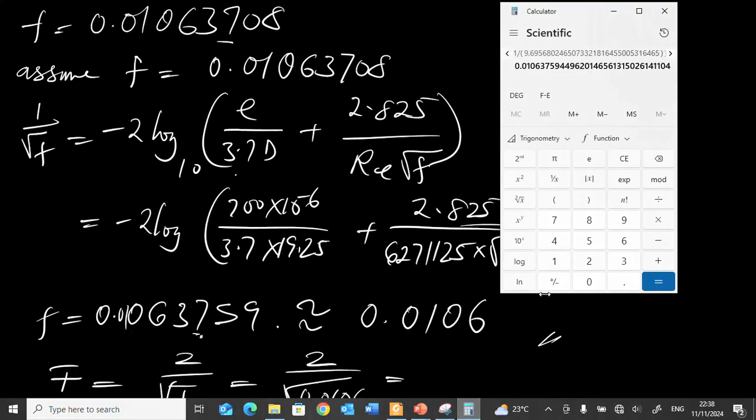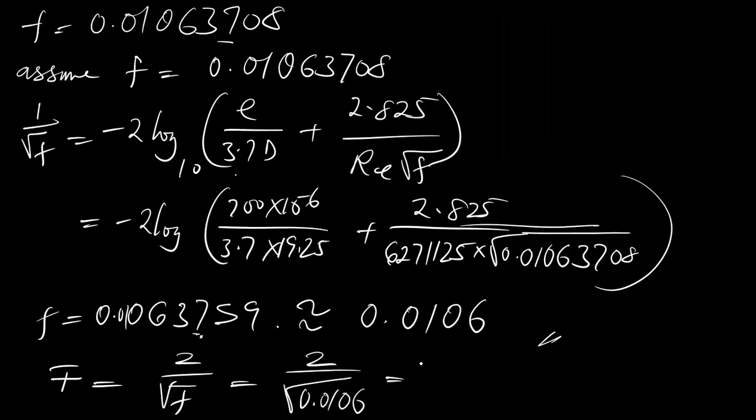We have 2 divided by 0.0106 raised to power 0.5, equal to 19.43. So we have 19.43 as the transmission factor. The friction factor is this, while the transmission factor is 19.43. So this is our final answer.